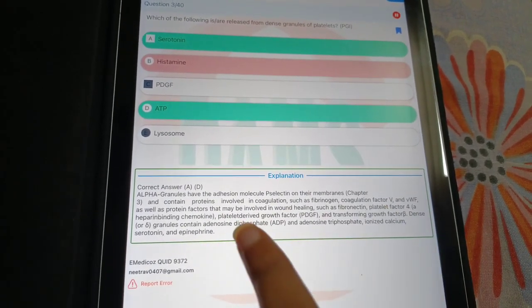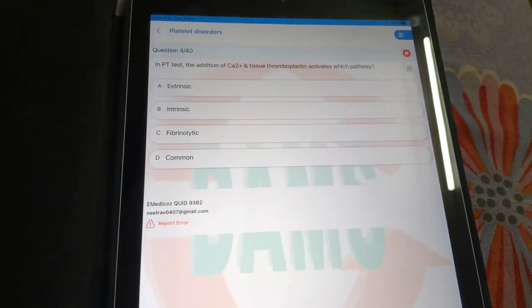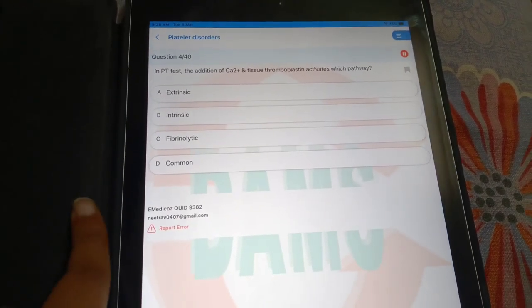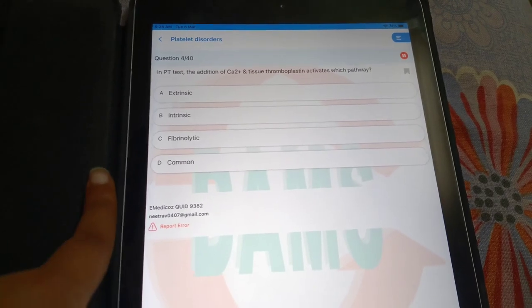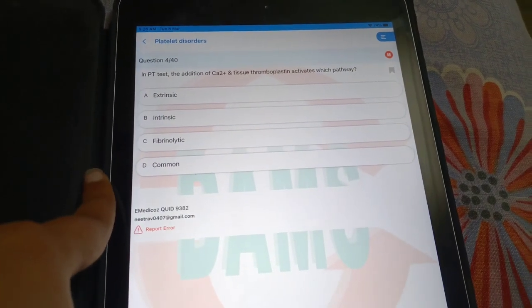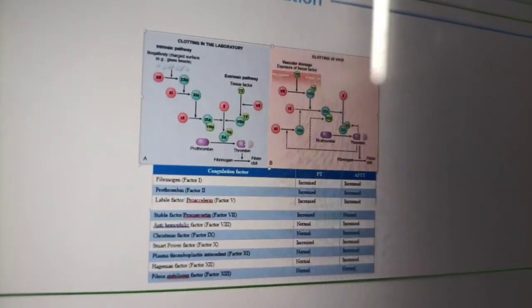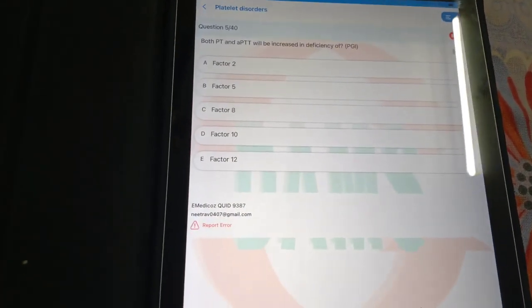That's why DQB is a great source for revision and to assess yourself. Similarly, I did other questions too. As you can see, the explanation has diagrams from Robbins and the facts from Robbins itself.